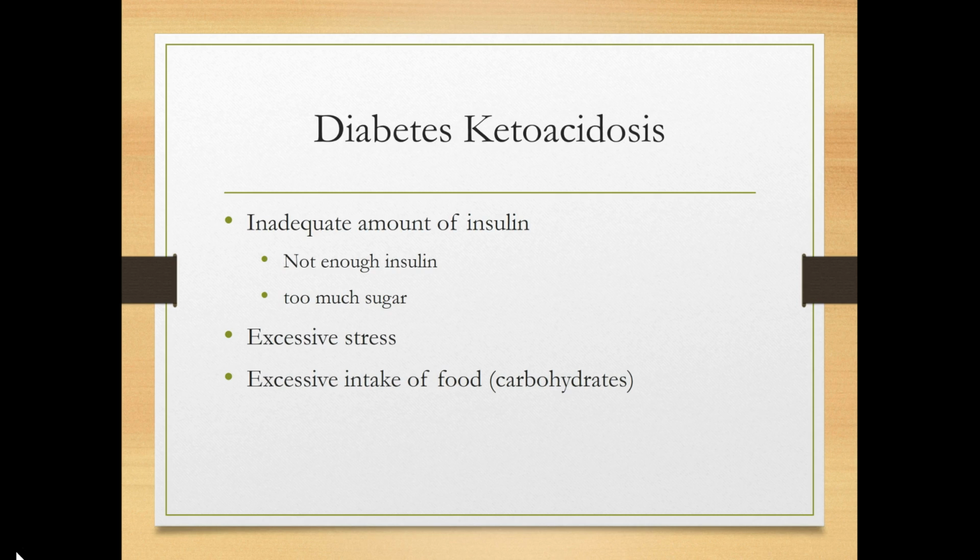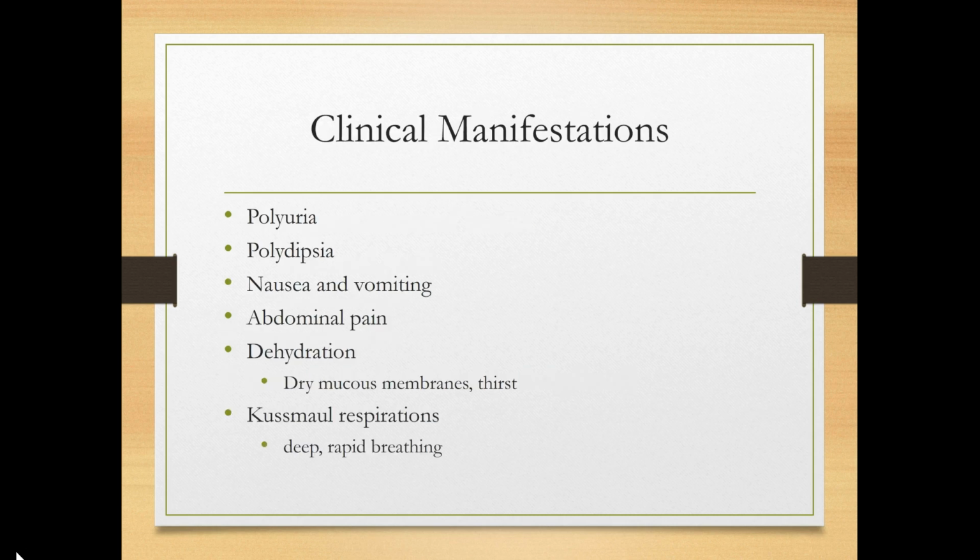Since they weren't eating, they weren't giving themselves any insulin, and it was just a spiral. But excessive stress or an illness can cause DKA. An excessive intake of food, like a bunch of birthday cake, can put you into DKA.